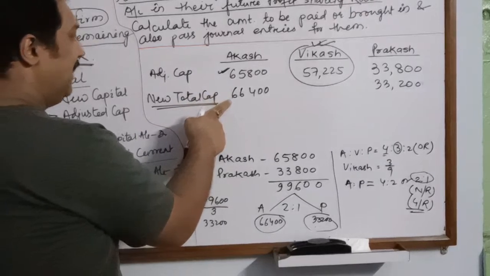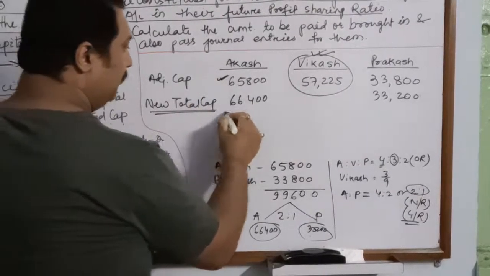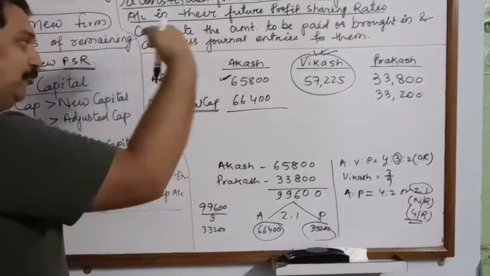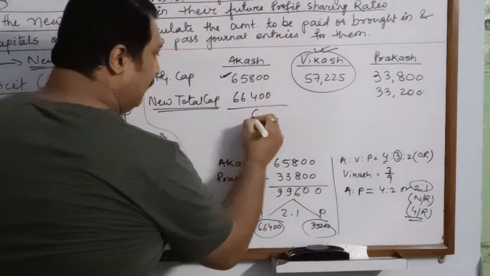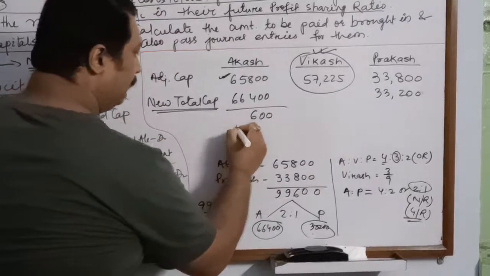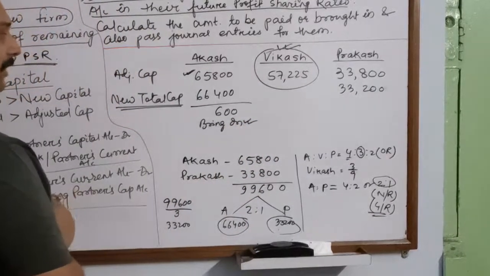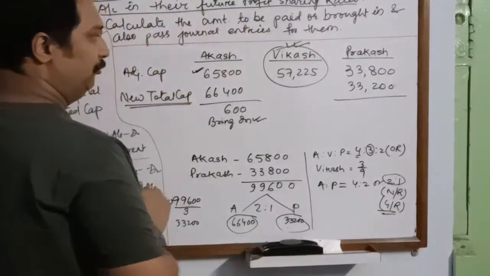Now children, if you compare, what is the adjusted capital of Akash? 65,800 and new capital is 66,400. So which one is greater? The new capital is greater. That means Akash will have to bring in, he was having less capital earlier, so he will bring in rupees 600. He will bring in this much of capital into the new business or the reconstituted firm.